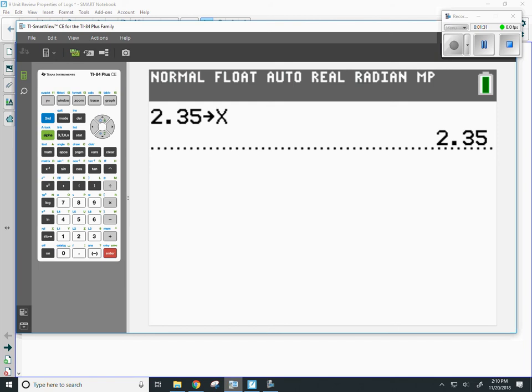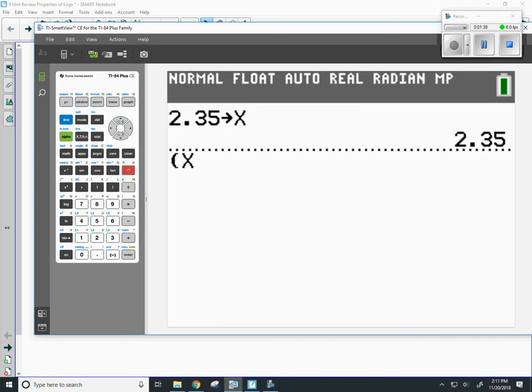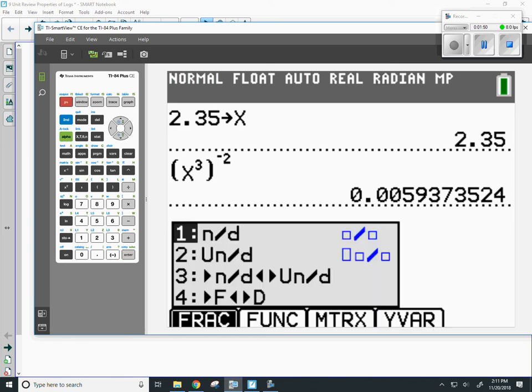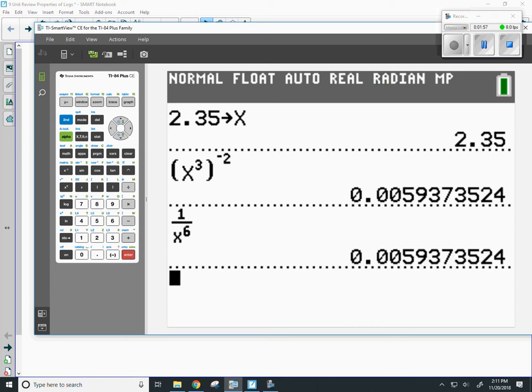So it was x squared, or x cubed, raised to the negative second, and that's our output. And if I type my final answer, which is 1 over x to the 6th, it should give me the exact same output. So that's one quick and easy way to check your answer.